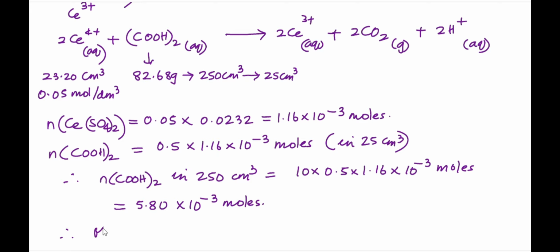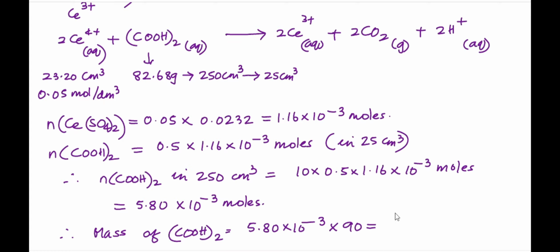Therefore, mass of ethane dioic acid is equal to number of moles times its Mr. So 5.80 times 10 to the power of minus 3 times its Mr, which is 12 plus 32 plus H2, that is 90. Okay, that gives us 0.522 g.